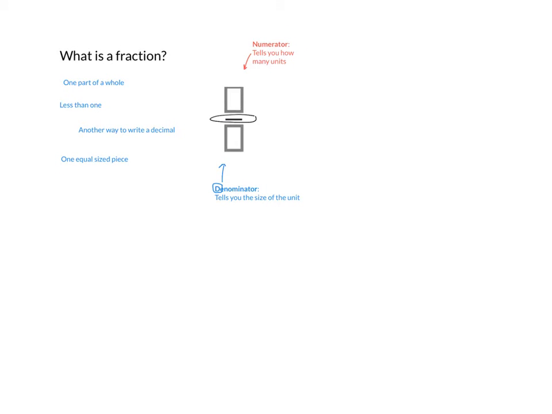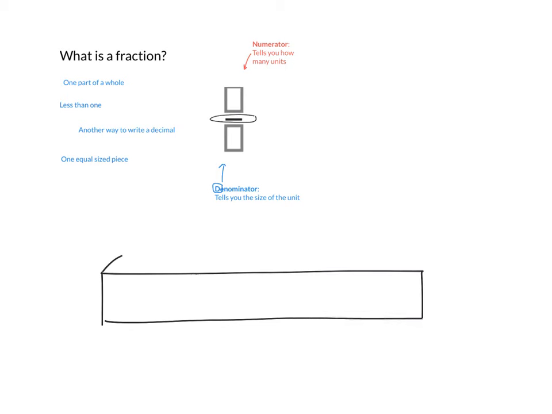In the case of the problem of the day, we had one whole cake, right? We had one cake, and we divided it into 6 equal-sized pieces. How many pieces were there altogether? Everyone? 6. Now, if I just looked at one piece of cake, here's one piece of cake.